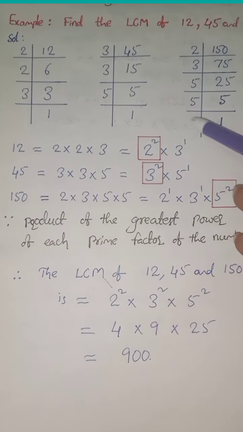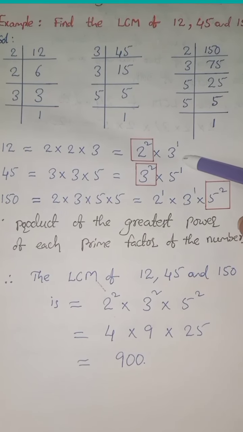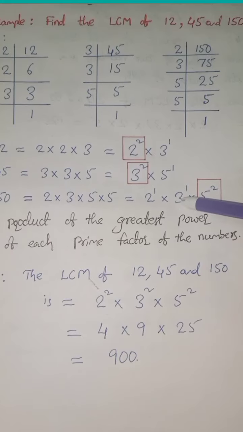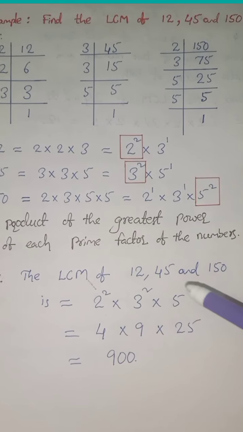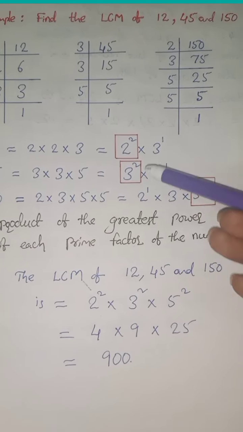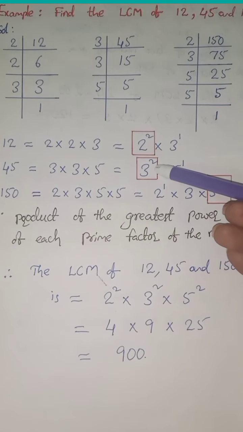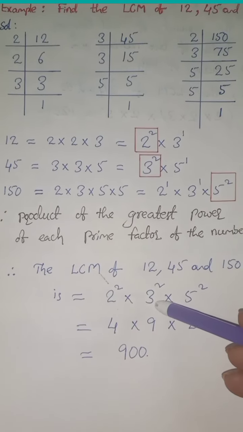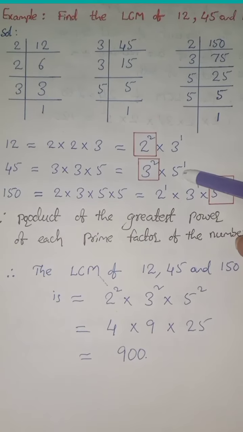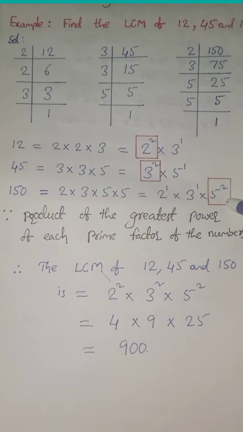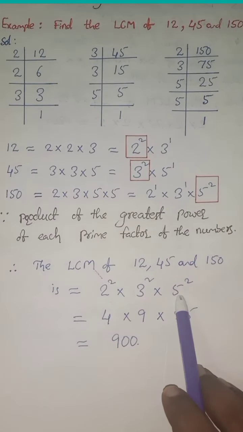Next, 3 to the power of 1, 3 to the power of 2, 3 to the power of 1 are there, so we multiply with 3 to the power of 2, because we take the greatest power. Next, 5 to the power of 1 and 5 to the power of 2 are there, so we take 5 to the power of 2.